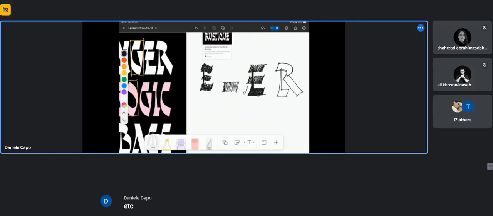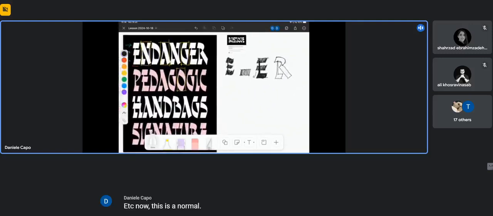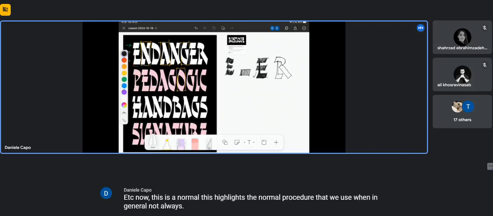Etc. etc. Now, this is the normal procedure that we use, in general, not always, but in general, when we design letters for a typeface.